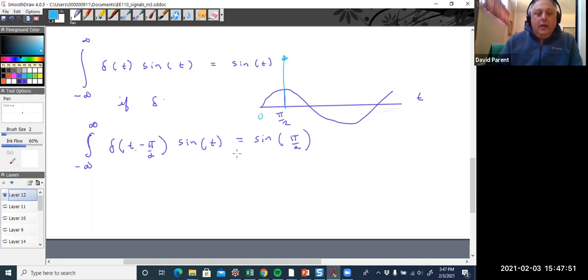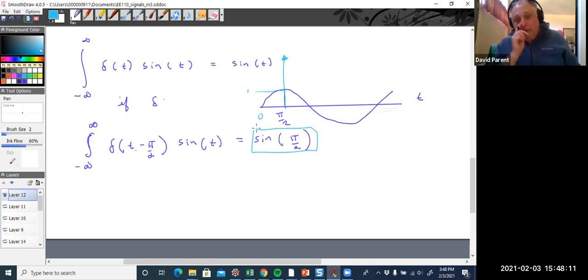And so when we integrate it, we're moving this along. At that point, that's when they overlap and you get 1 times the delta function. And because we're integrating over it, you just get whatever the value is at that point.